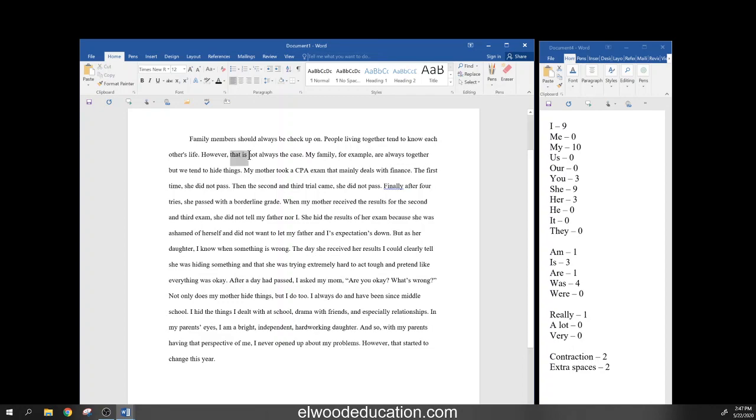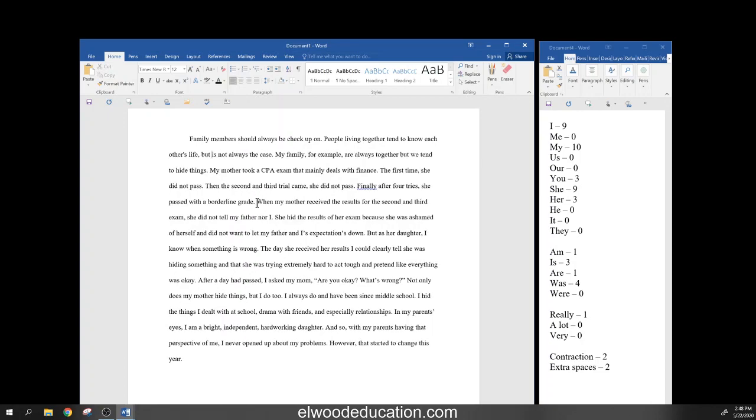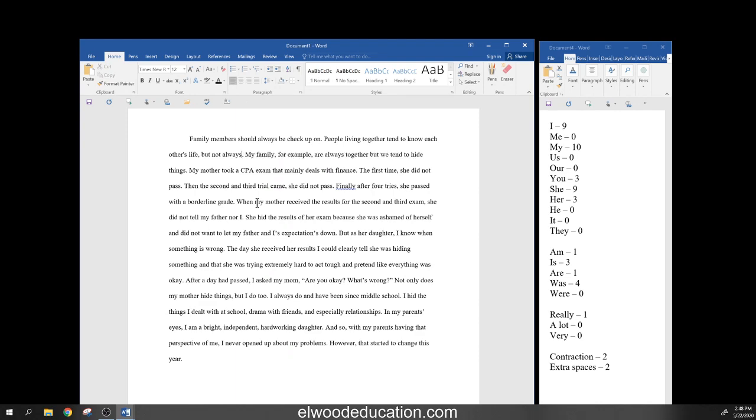So I have an is here. Let me get rid of that is. So people living together tend to know each other's life, but not always. My family, for example, are always together, but we tend to hide things.